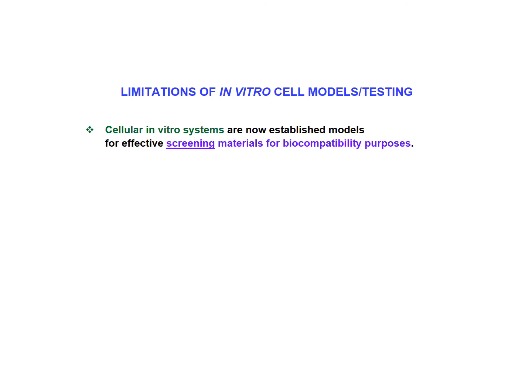If the experiments using culture cells are not successful, the particular process stops and the biomaterial scientists and engineers have to go back to the drawing board and start designing and formulating new and different materials.